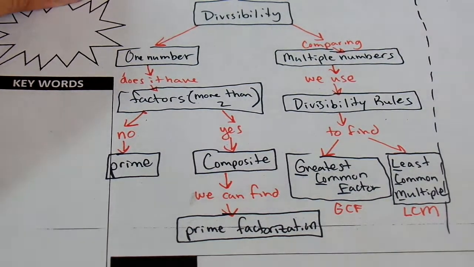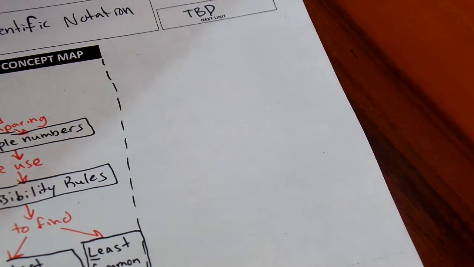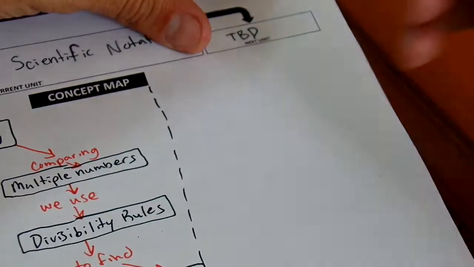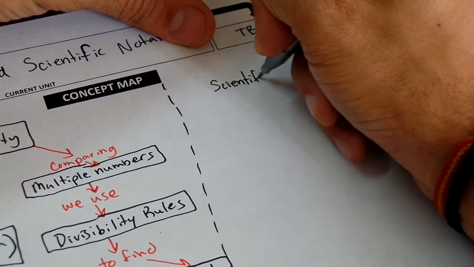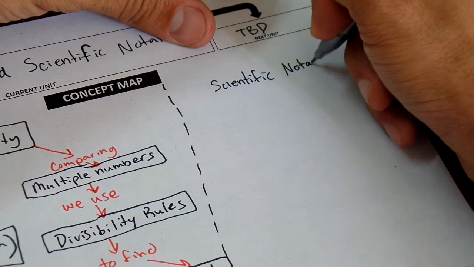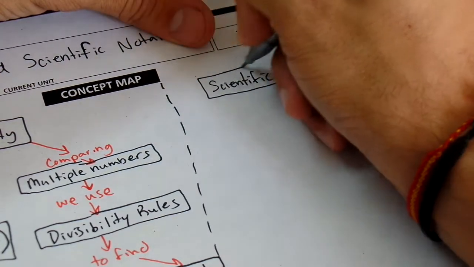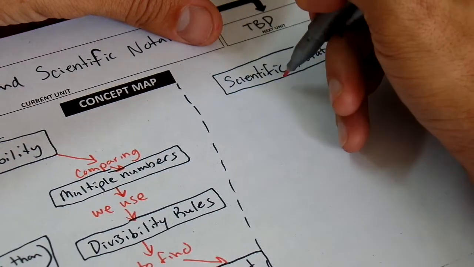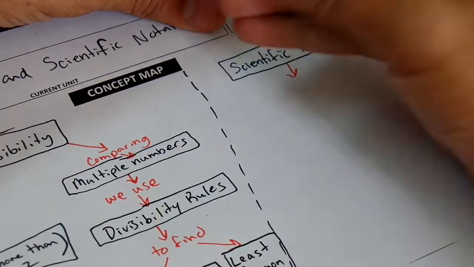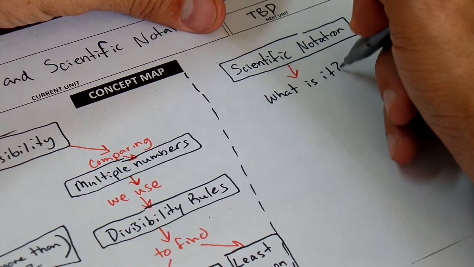Now, after that, we're going to look at the other half of the unit, well, maybe not half, the other part, about scientific notation. So the very first thing we need to do, I want to know, what is it?